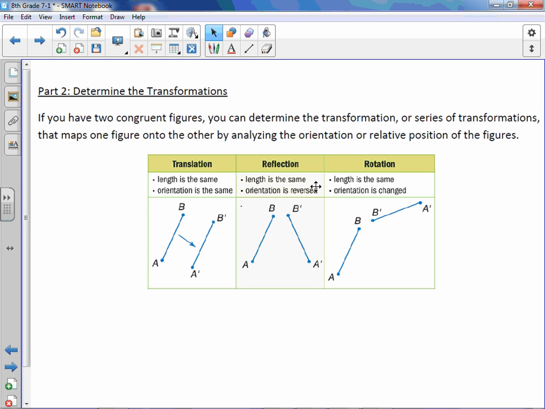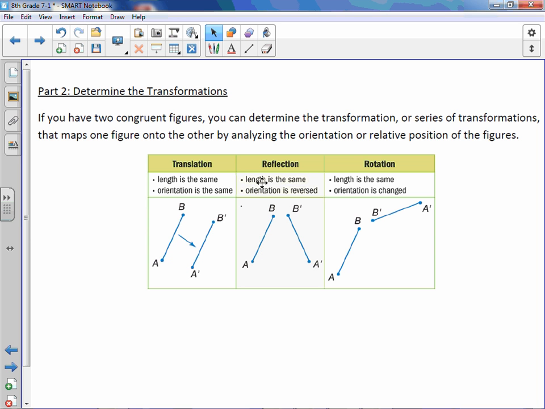Determine the transformation. If you have two congruent figures, you can determine the transformation or series of transformations that map one figure onto the other by analyzing the orientation or relative position of the figures. So in a translation, the length is the same and the orientation is the same. So A and B still appear to be in the same order.